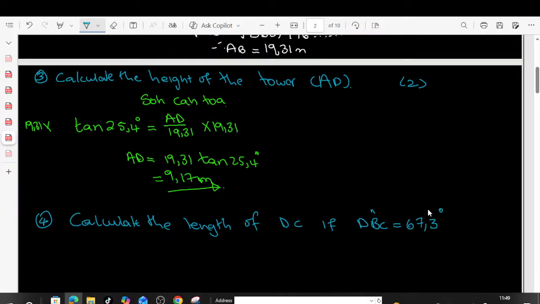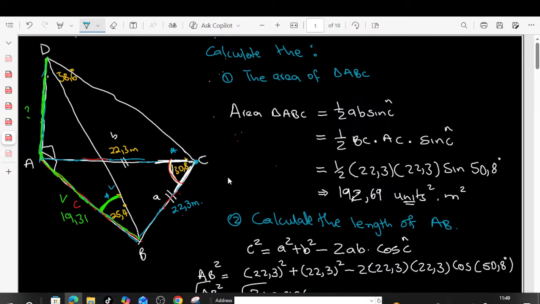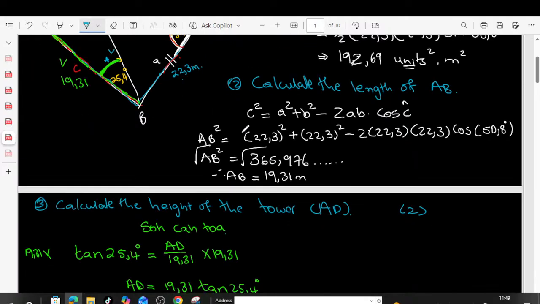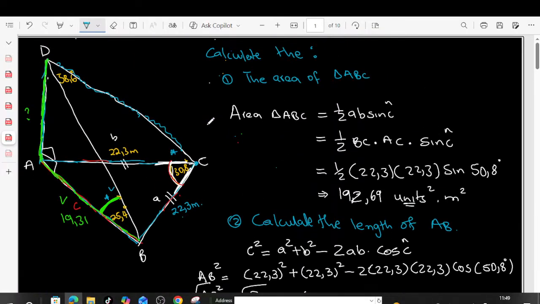How can we calculate the length of DC? I'm just going to check where my DC is. The length they are looking for is this length. The angle they are referring to is this one, given as 67.3 degrees.